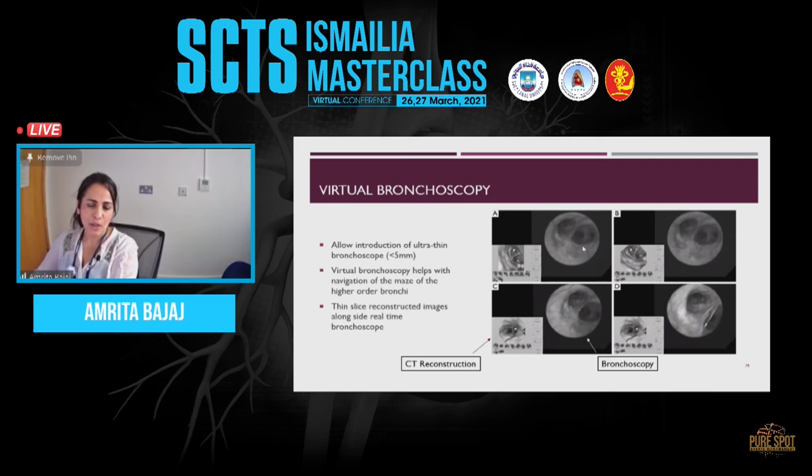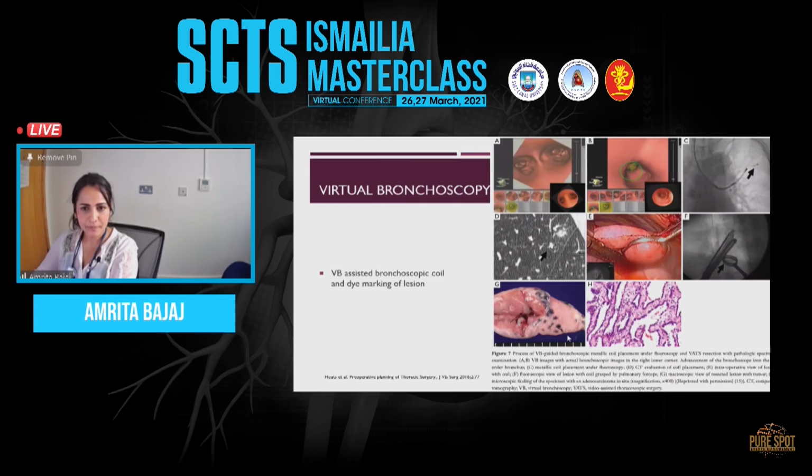You literally have it running on the side, guiding you as you go through. This is the future, especially where centers are using ultra-thin bronchoscopes to reach the level 3, 6, and 7 bronchi. We haven't done it here.